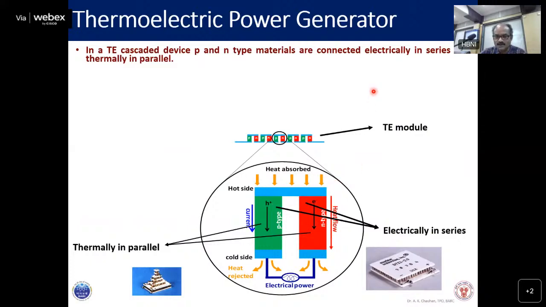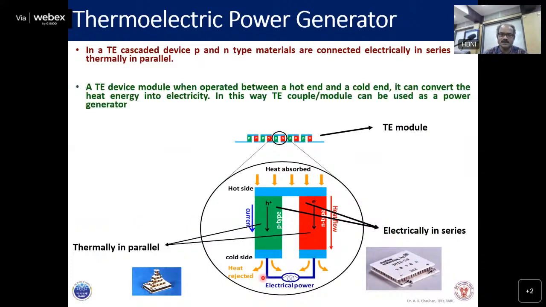However, the electrical current is moving from one side to the other like this. In the hole type, if the current is moving this way, then in the N type it will move the opposite way. So these are thermally in parallel and electrically in series.